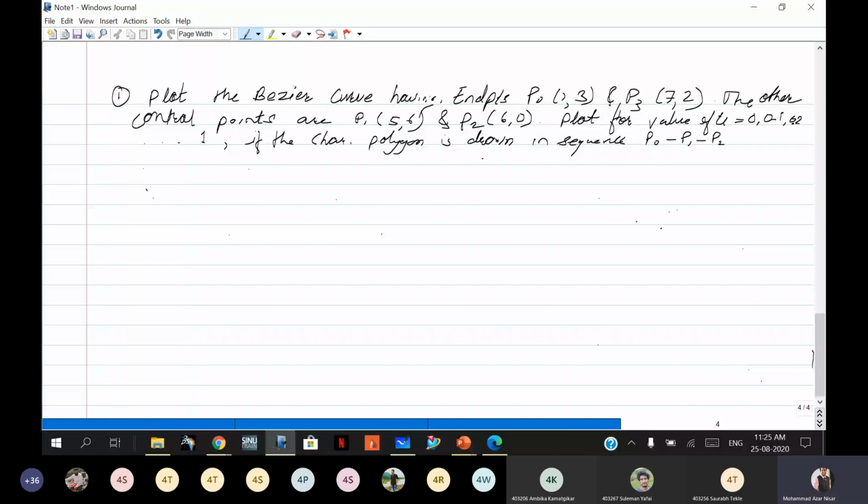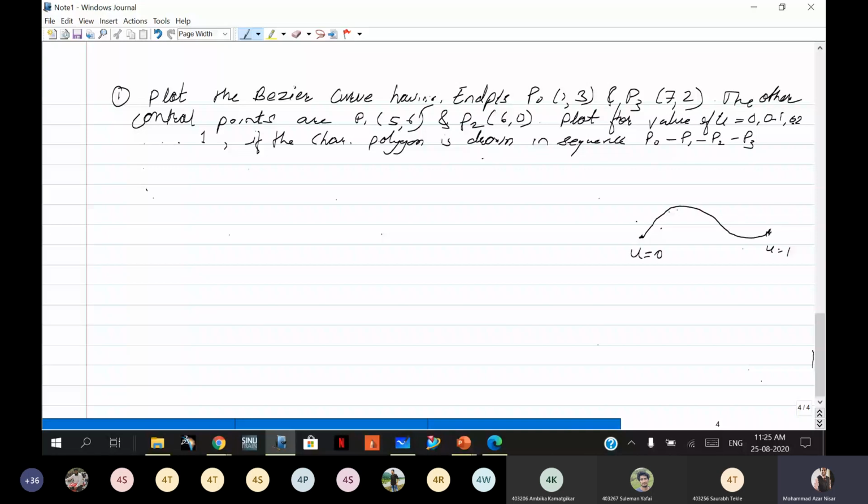Suppose this is your P0, that is given as 1 and 3. This is your initial position, and it will change up to this value. This will be your u equal to 0, and this end point u equal to 1.